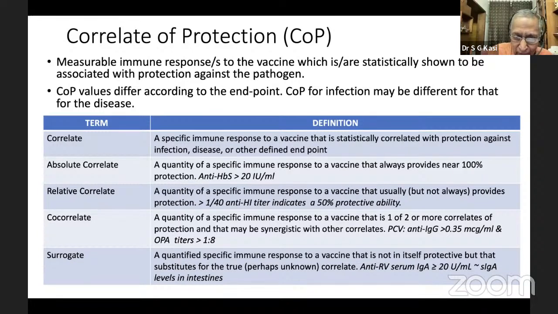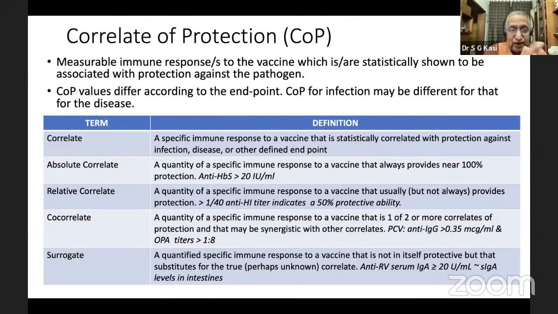For example, for rotavirus vaccine, we say a serum anti-rotavirus IgA of greater than 20 is a surrogate for protection because the serum IgA does not protect. It is a secretory IgA in the intestine which protects. We know that they're related, but there is no absolute correlation between those.